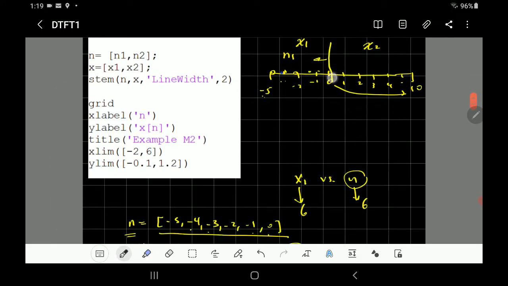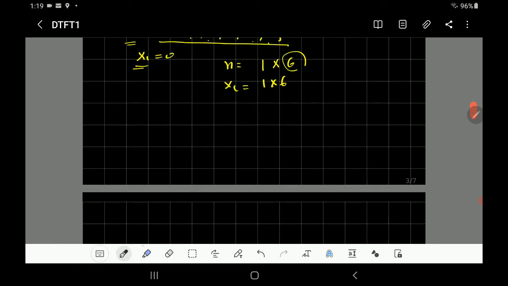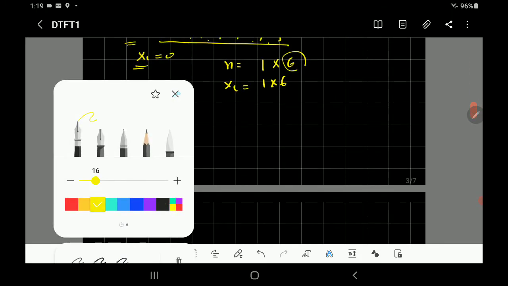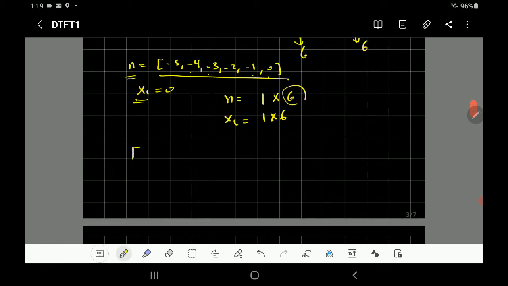All right. Let me tell you about something. If you have a vector like 1, 2, 3, and you want to multiply it by another vector, let's say 4, 1, 2.